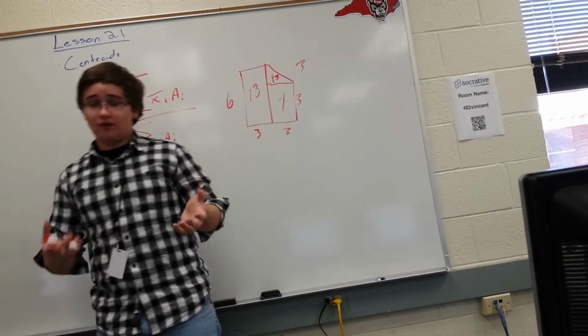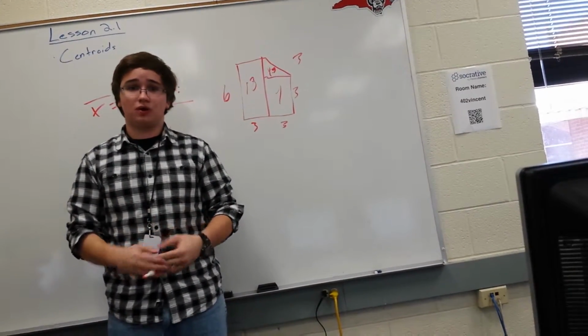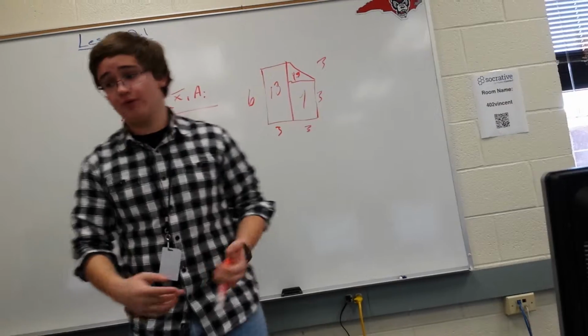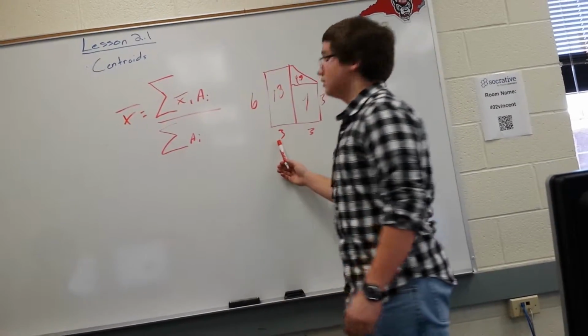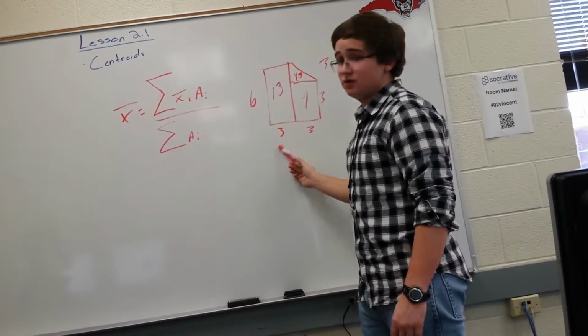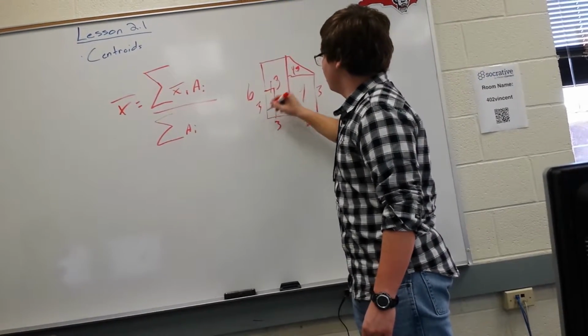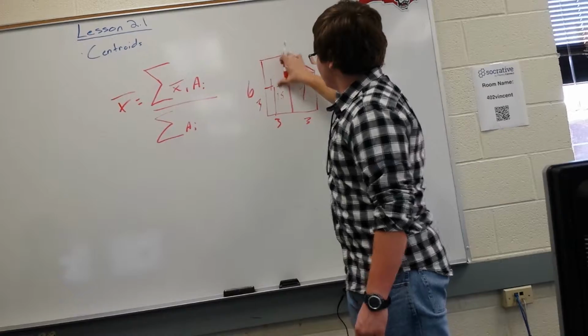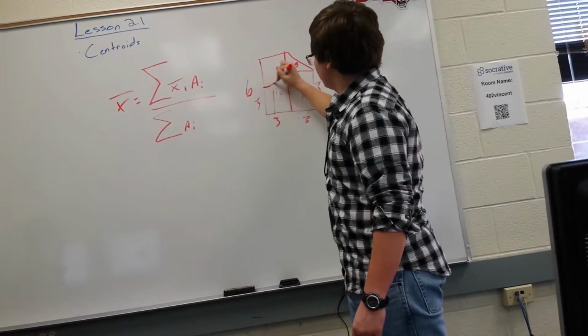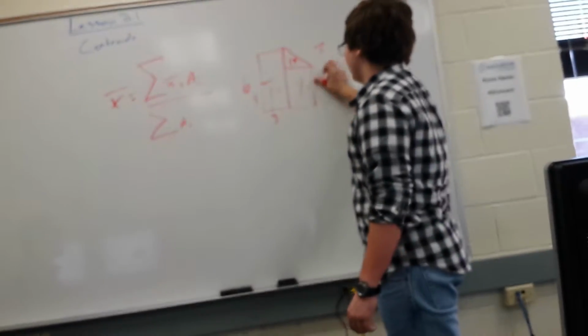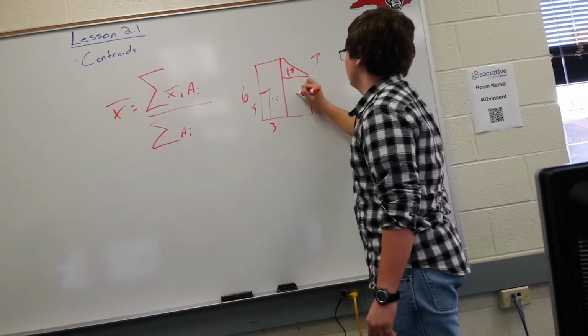Then you have to find the centroid of each one, like I said before, right? Remember? So this would be 3 divided by 2, 6 divided by 2. So your centroid can be found at 3, 1.5. This would be found at 1.5.